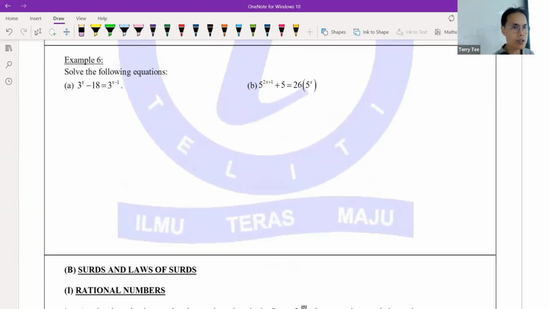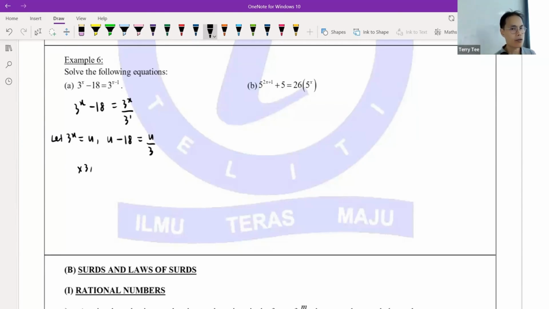So first we change this to 3 power x minus 18. This is 3 power x divided by 3 power 1. So when you let 3 power x become u, this u minus 18 is now u over 3. My job is to solve for u right now. I know a lot of people don't like fractions. This is what you can do.